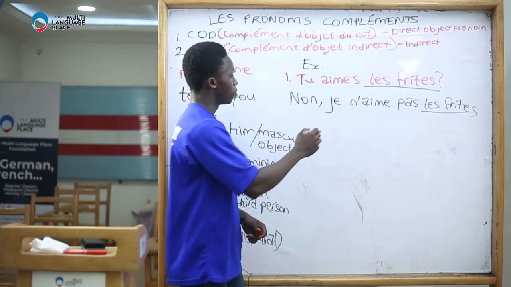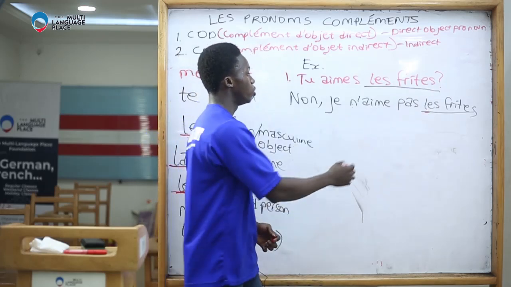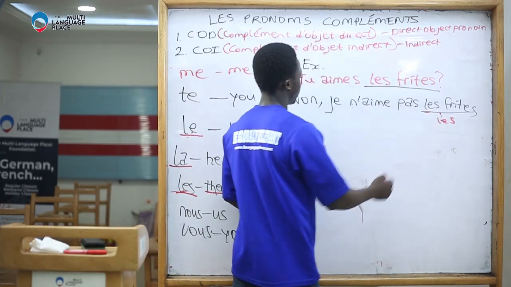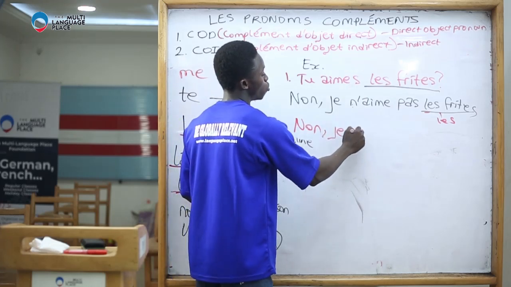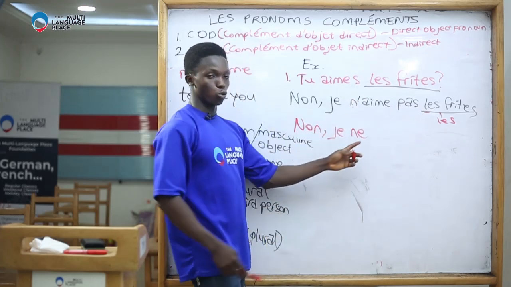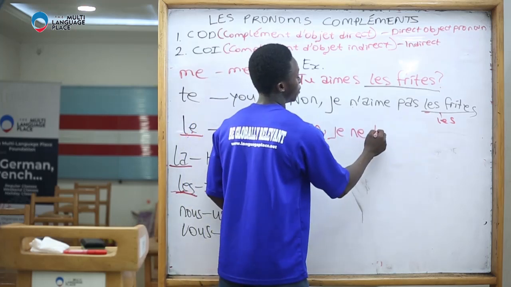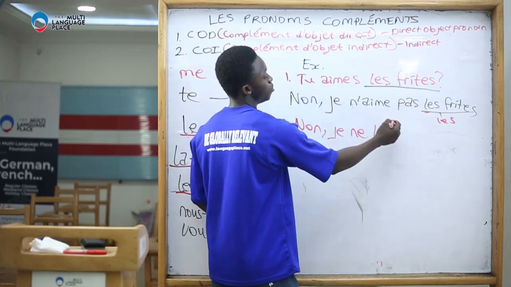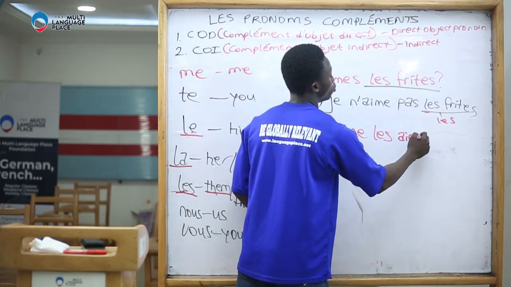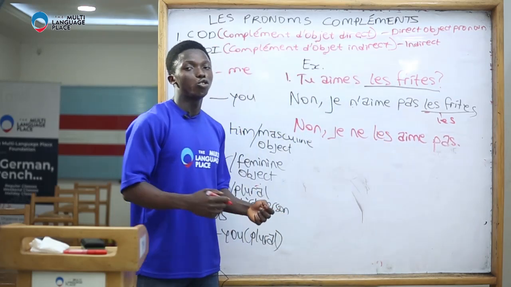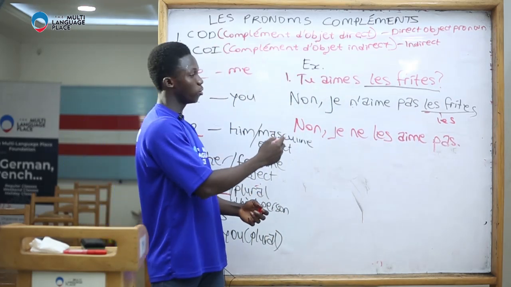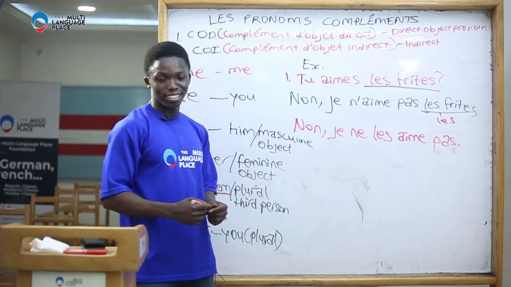So to replace this with COD, which will be replaced with les, that becomes "non, je ne." Remember, this comes back to ne. Then your les comes immediately before the verb. "Non, je ne les aime pas." Let's see another question.